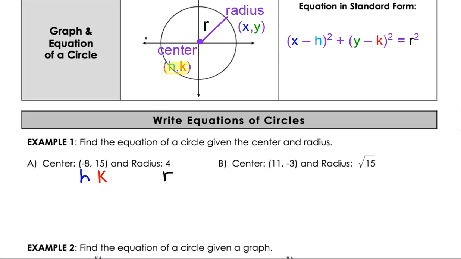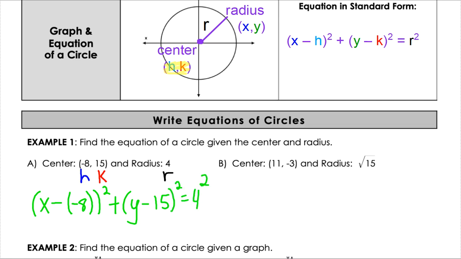We would start with x, which can represent any point on the circle, minus the h, which in this case is negative 8. Then we square that quantity, plus y minus the k value, which is 15 for our center, squared. And that's going to equal the radius squared.